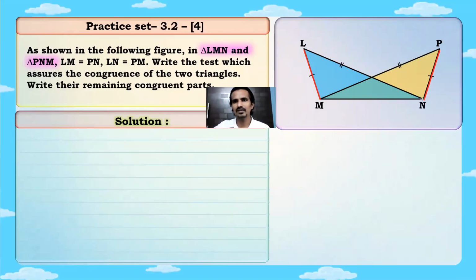Now LN has a double dash marking on it, and MP also has the same marking. So we are having two pairs of equal parts which are already given in the question itself. वो question में ही लिखा था, LM equal to PN and LN equal to PM. But two pairs are not sufficient for the test. There has to be a third part also. So tell me, is there any third part in these two triangles which is a congruent part, or which pair is equal? What do you think? Is there a third part here?